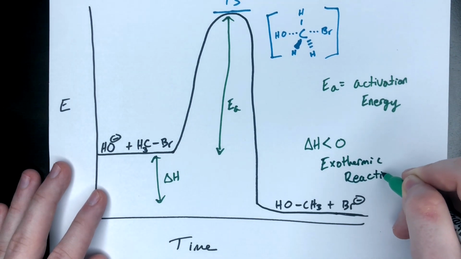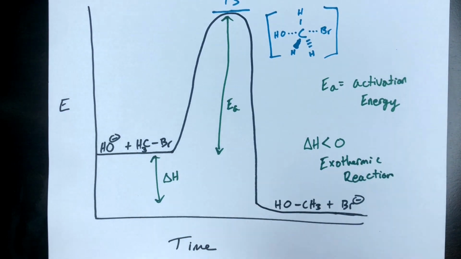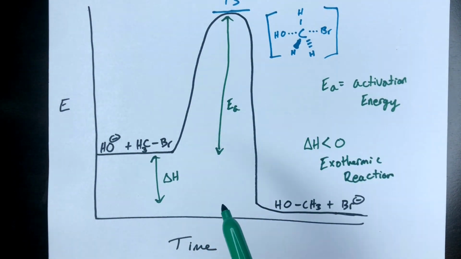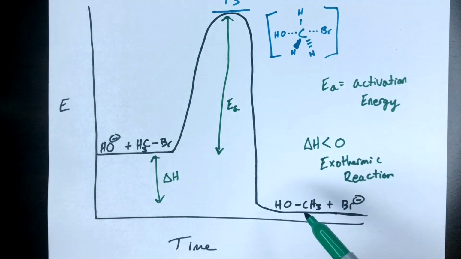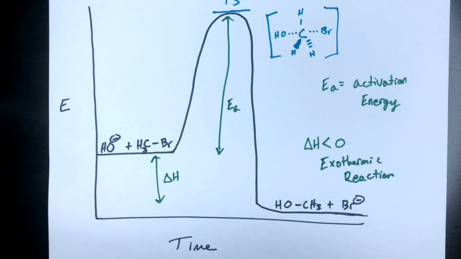So now using this, you could be asked to illustrate the energy diagram for an SN2 type mechanism, and it's always going to be this energy diagram in which you create one hill, one transition state, and then the opposite ends are going to be your reactants and products for the SN2 mechanism.